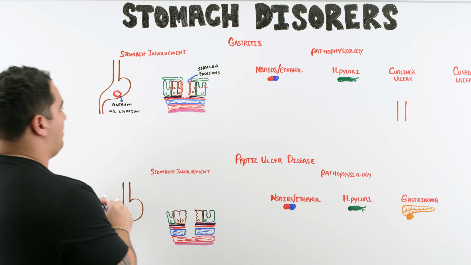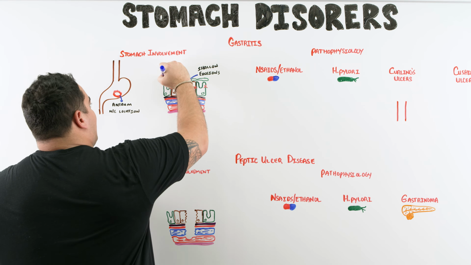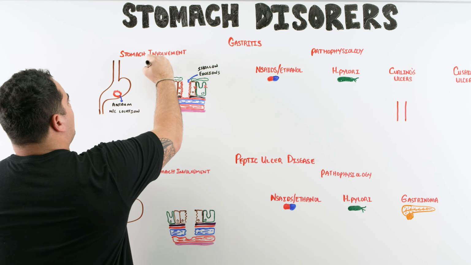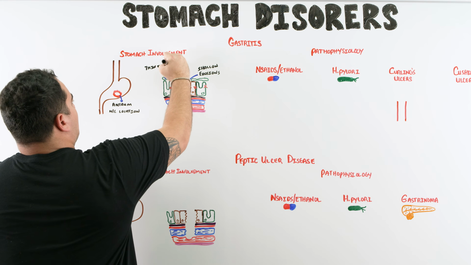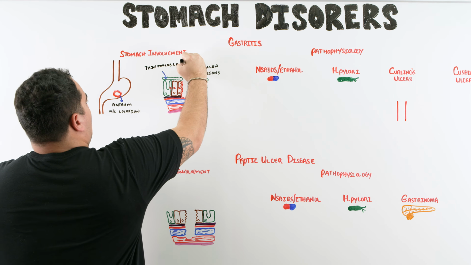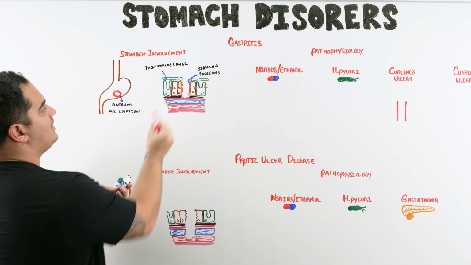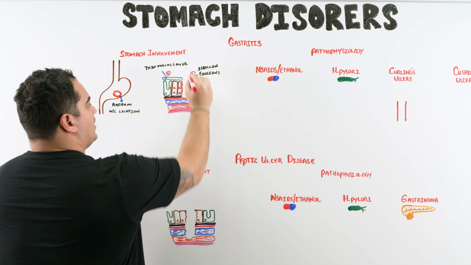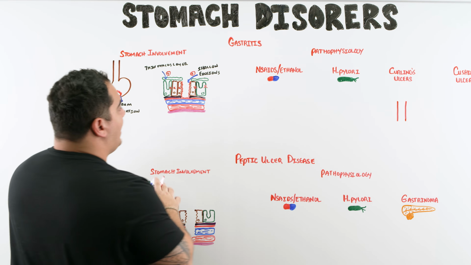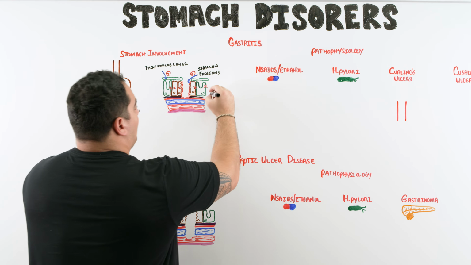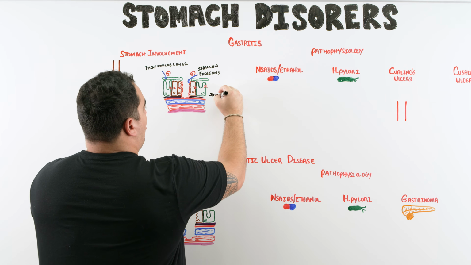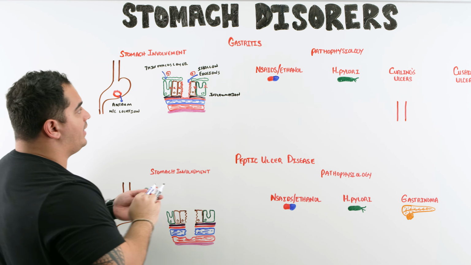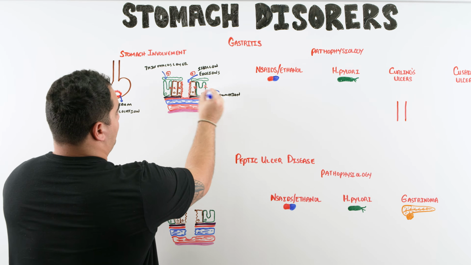And what we see in these patients is they also have a very thin mucus layer. So when I see a patient with a thin mucus layer, shallow erosions, and a lot of generalized mucosal inflammation, this really suggests a patient that has gastritis.